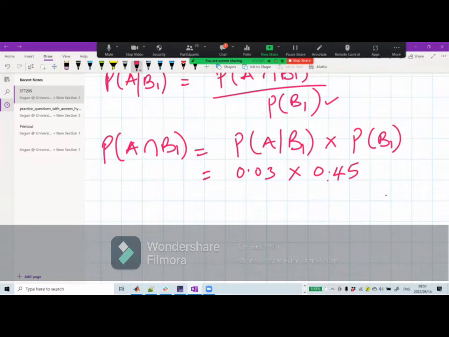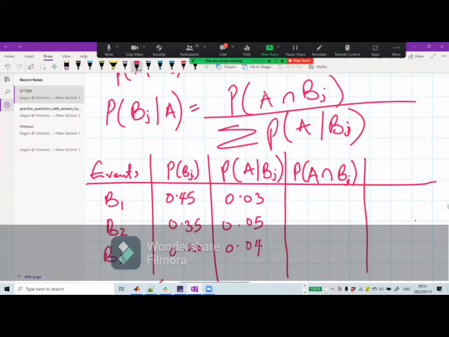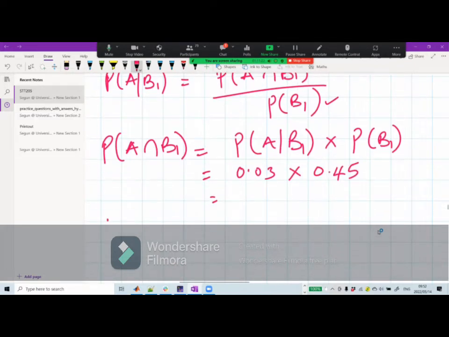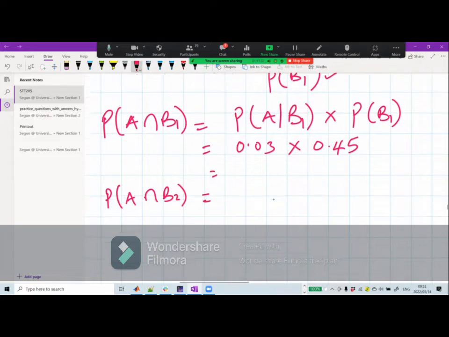So what's the answer when you multiply it? 0.0135. Now, let's do the same thing for P of A intersection B2, then P of A intersection B3.